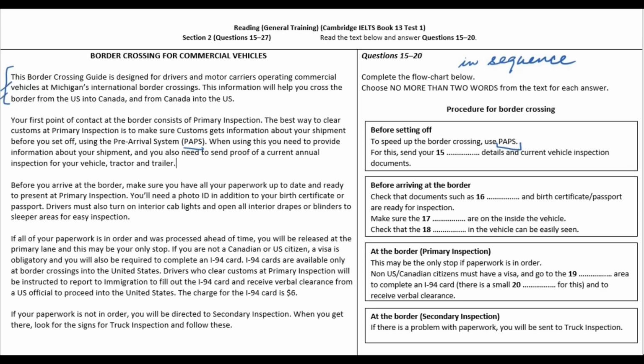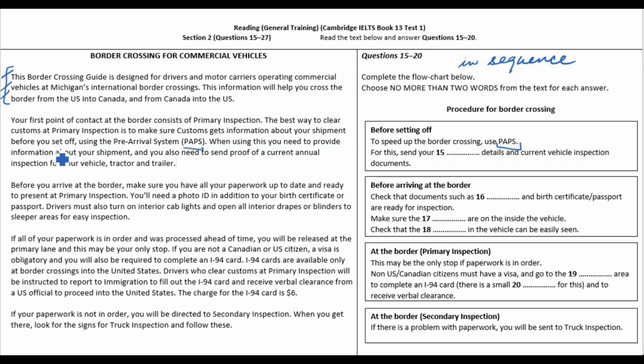To speed up the border crossing, use PAPS. For this, send your dash, details and current vehicle inspection documents. Now we come here. The best way to clear customs at primary inspection is to make sure customs get information about your shipment before you set off using PAPS.